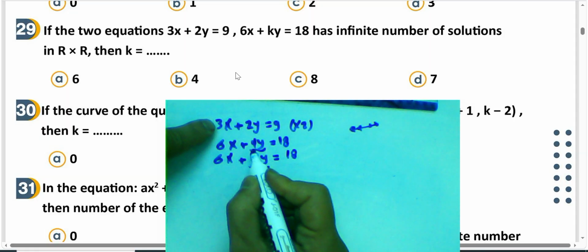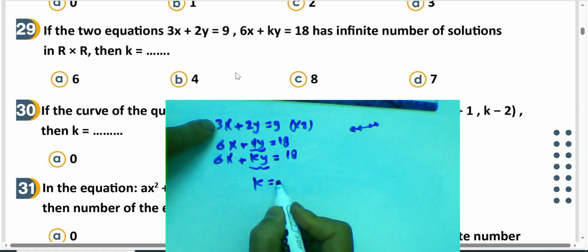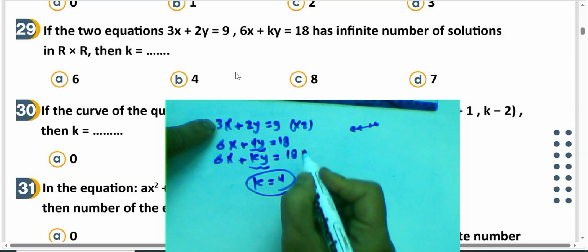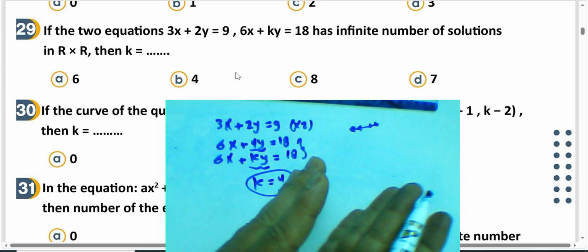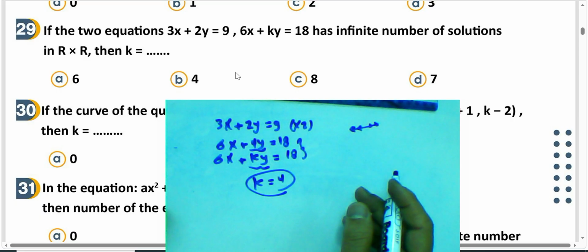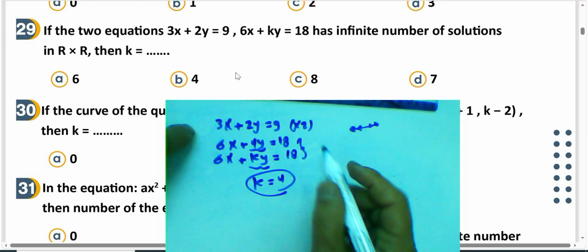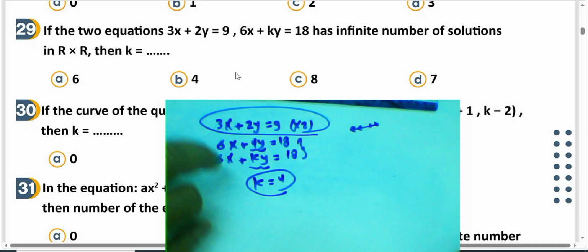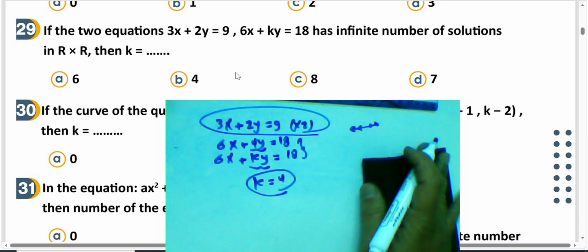Then the coefficient of k is like the coefficient of y, so the value of k will be 4 because they are coincident. They must be similar in everything, so you must multiply the first equation by 2 to find the value of k. k will be 4.